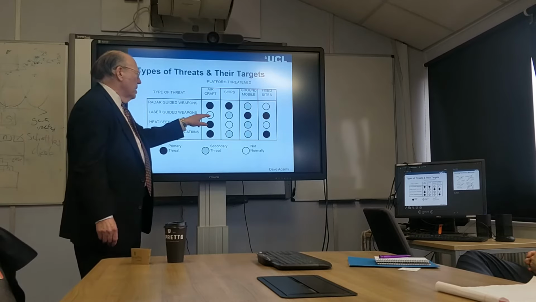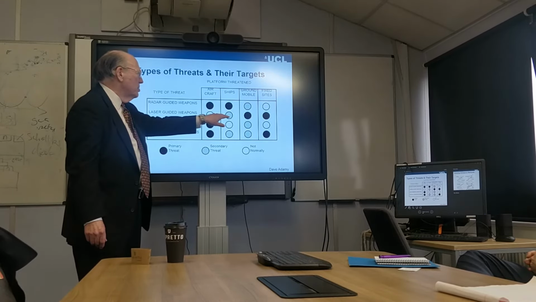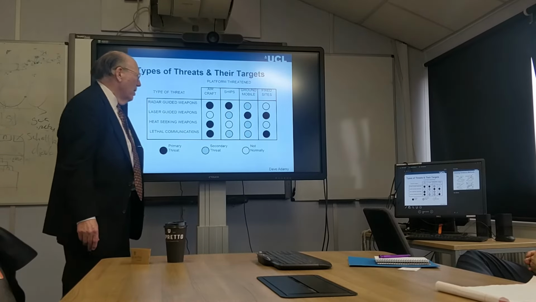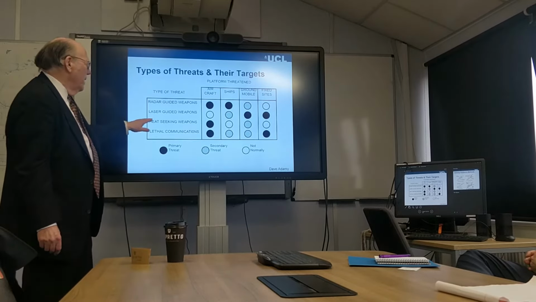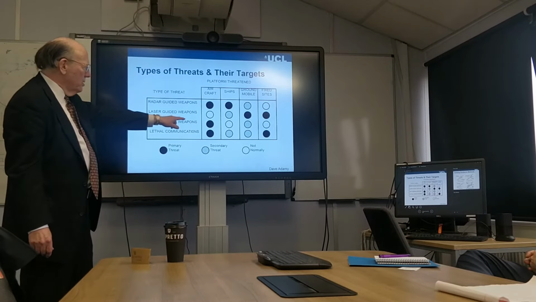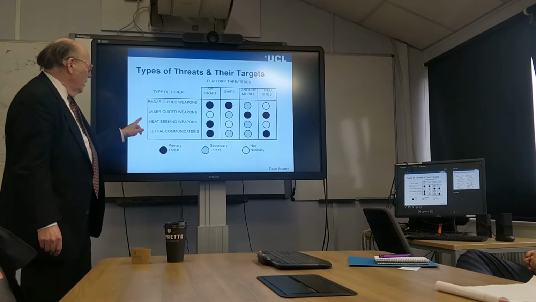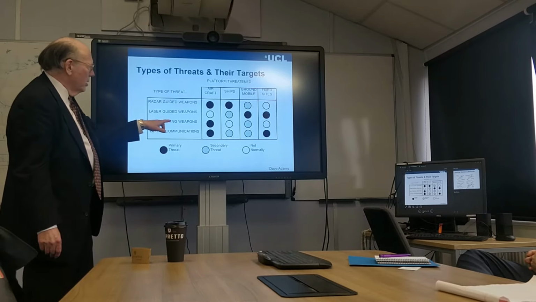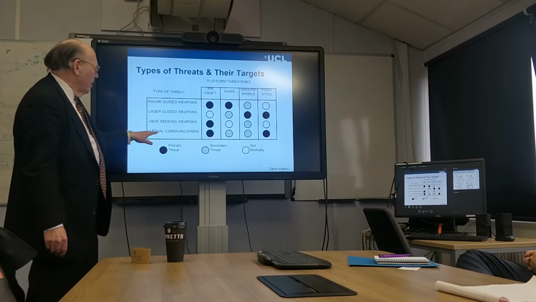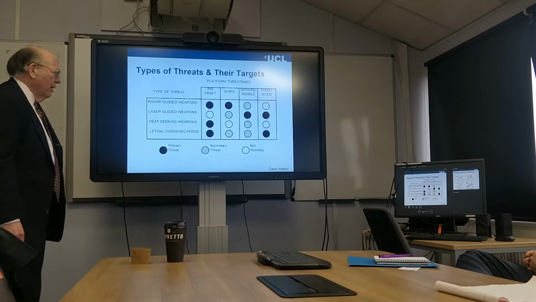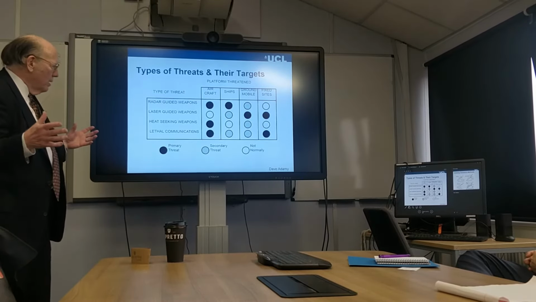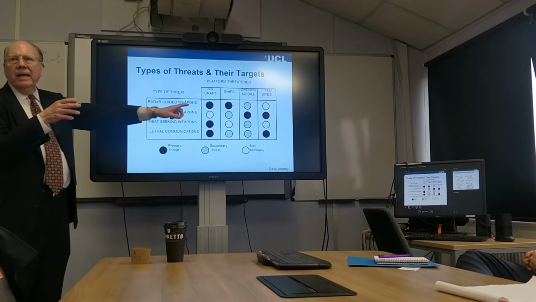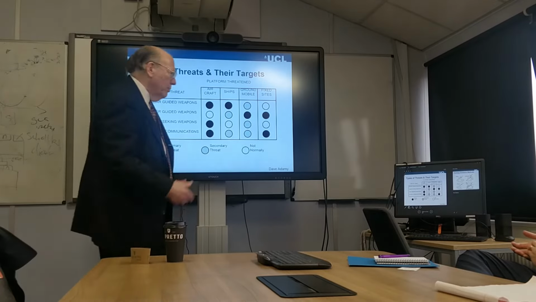Not normally used against aircraft, occasionally used against ships. More often going to be used against ground mobile sites or fixed sites. And then heat-seeking weapons, which are frequently used against aircraft. Lethal communications are used against aircraft, fixed site. And when we talk about lethal communications, what we're talking about is a command and control center that's talking to some kind of weapon system that's going to engage the aircraft. So it could be an airborne interceptor.